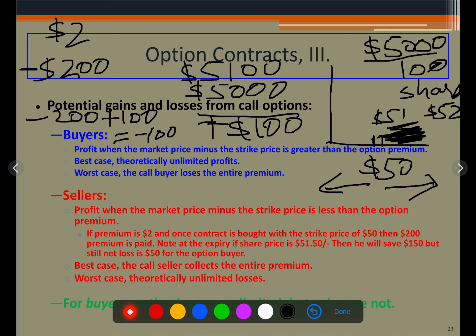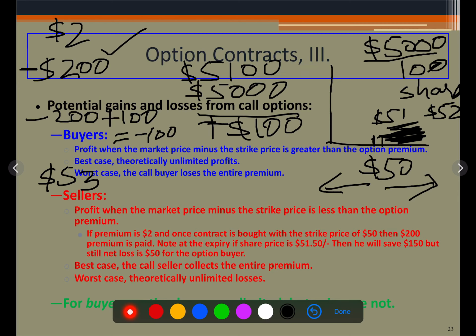And if the price is more than 52 in the stock market, say 53, in that case he has saved $300 from exercising the option, because he bought the 100 shares from the seller of the call option contract at $5,000, and rather than paying 5,300 to the stock market, he saved 300, but he has already paid this 200 premium.